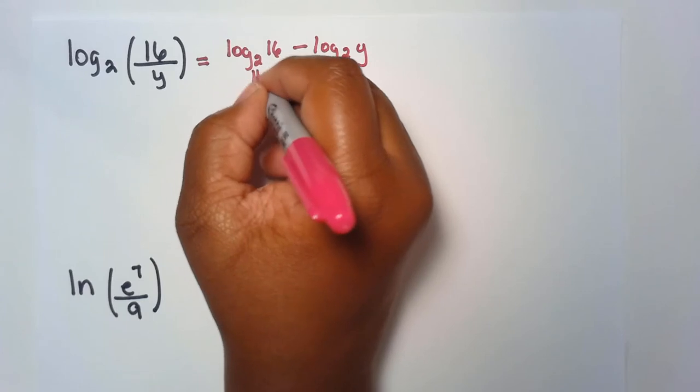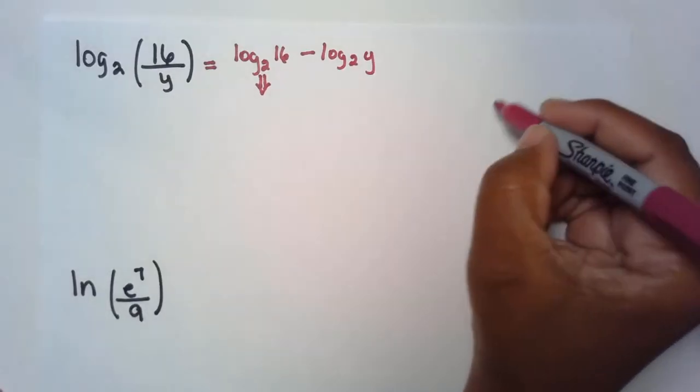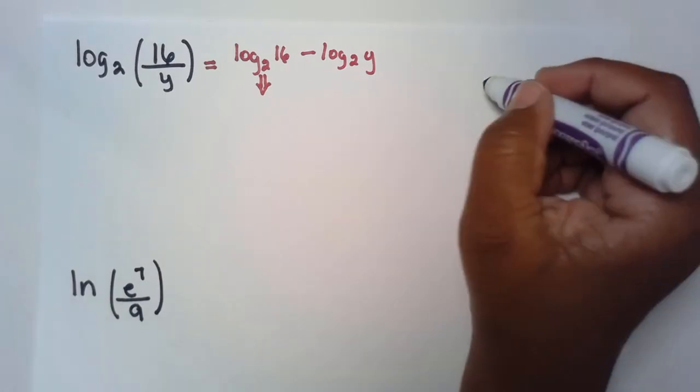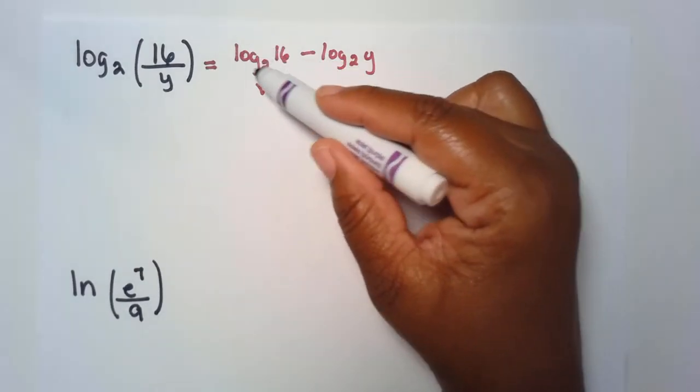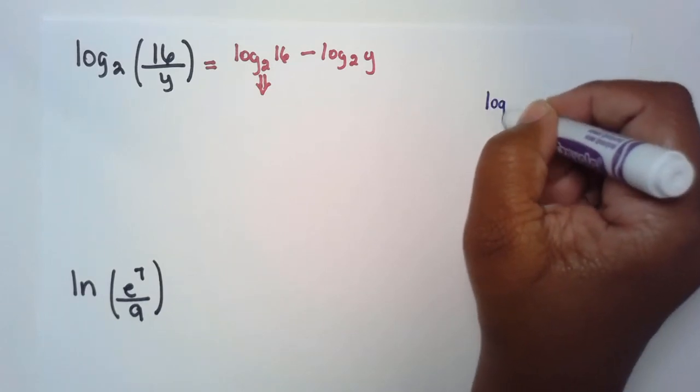Now, let's look at this log base 2 of 16. If I ask you, can that be simplified? You will say yes. Let's write this log base 2 of 16 as an equation where we're going to let it equal x.